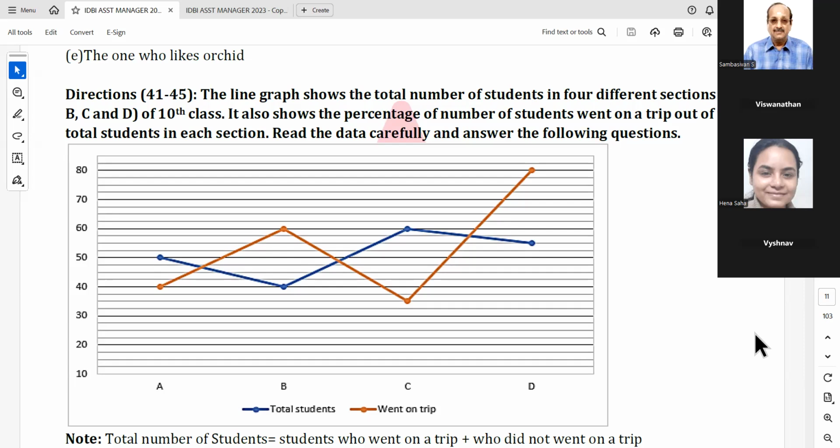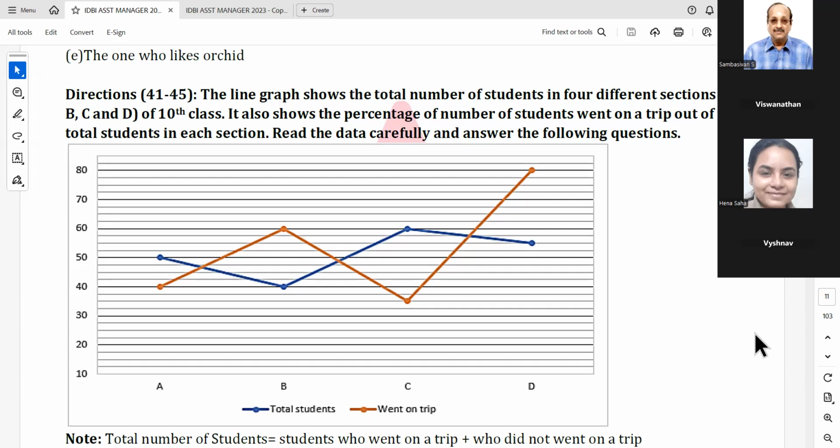It also shows the percentage, not the number, percentage of the number of students who went on a trip out of the total students in each section.